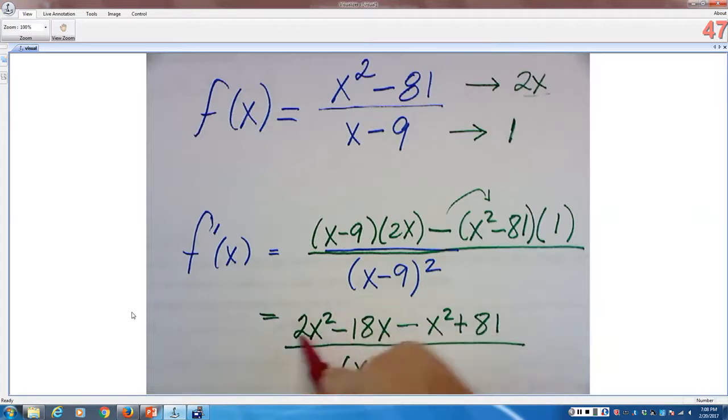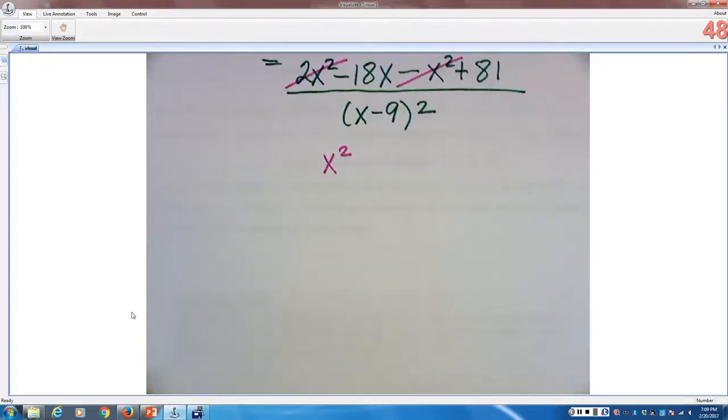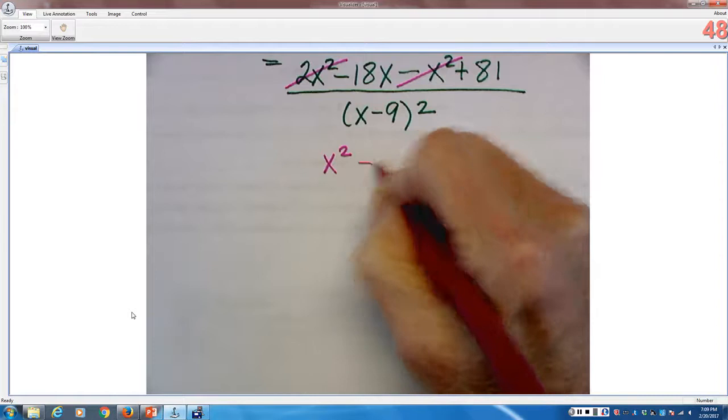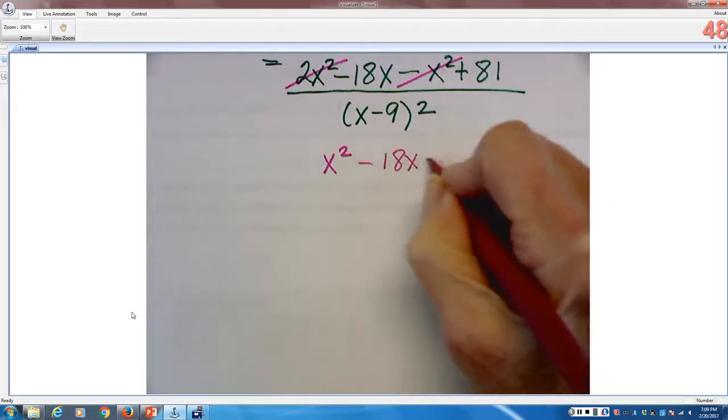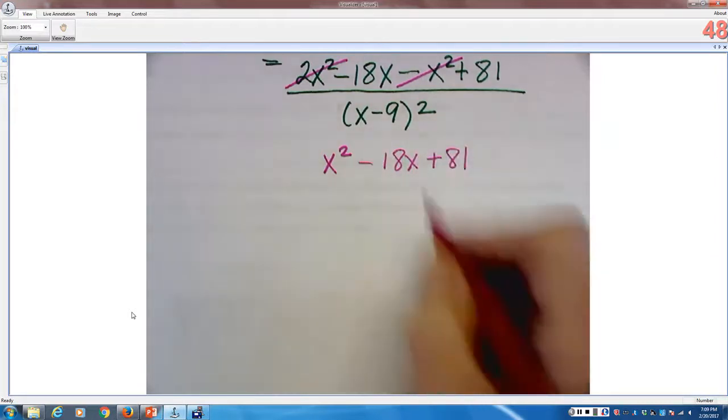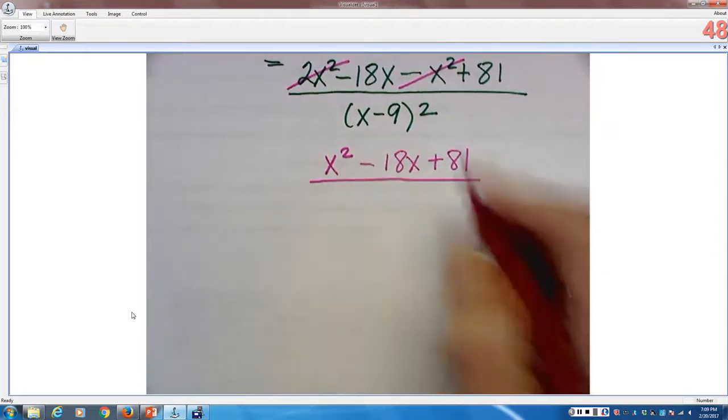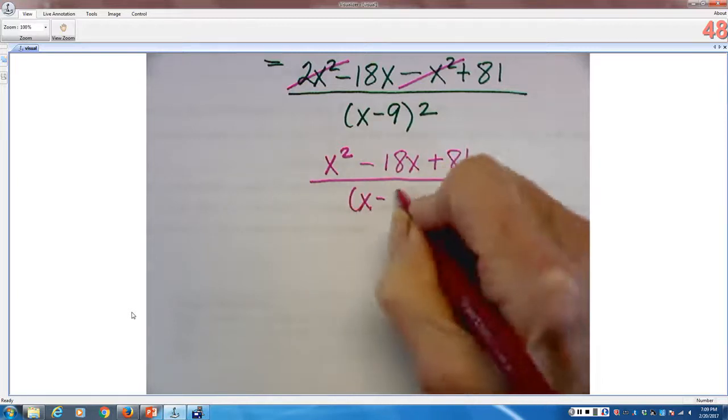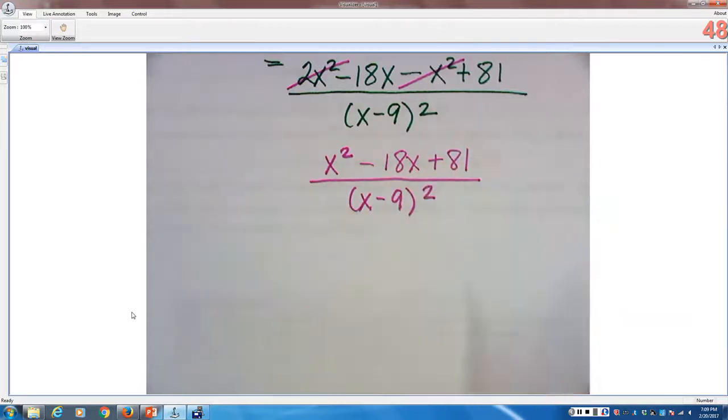And then my 2x squared minus my x squared will give me x squared minus 18x plus 81 over x minus 9 squared.